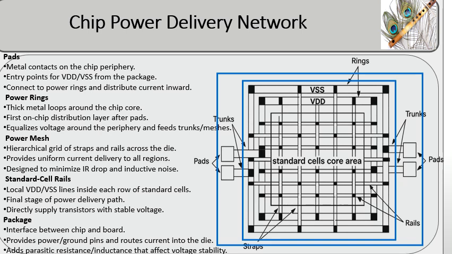Finally, the standard cell power rails deliver a stable supply voltage directly to the transistors in the logic core. This hierarchical network minimizes IR drop, balances current flow, and reduces supply noise across the chip. Since every logic gate depends on a stable power supply for correct switching, an efficient PDN is essential for achieving good power integrity.